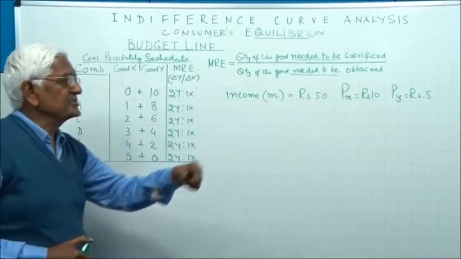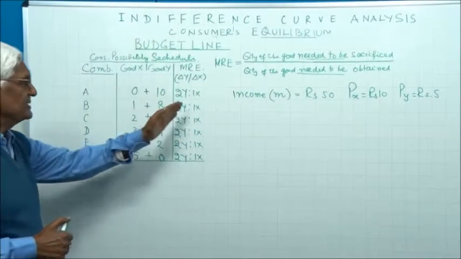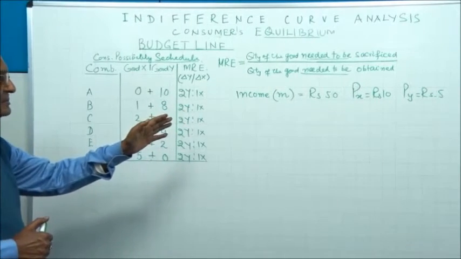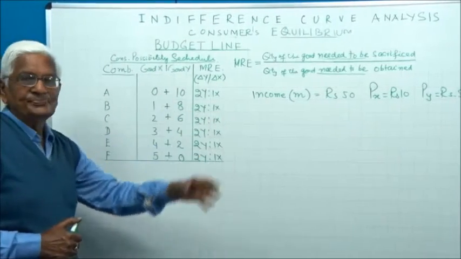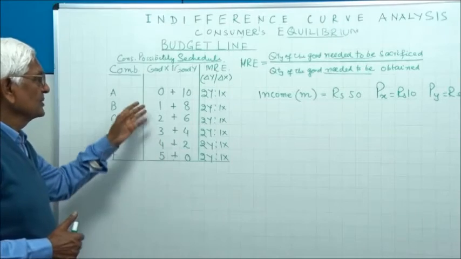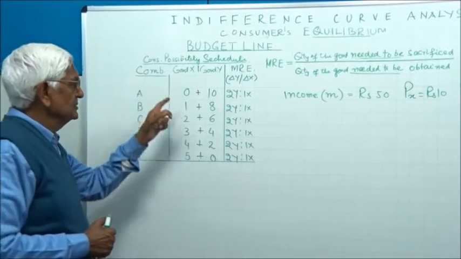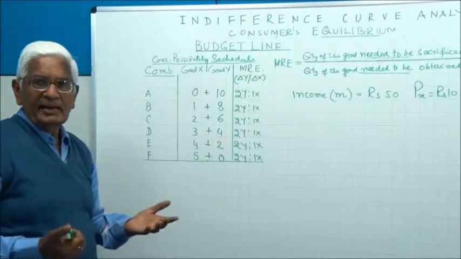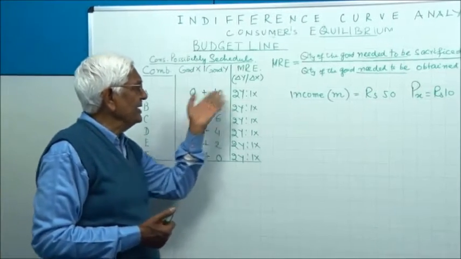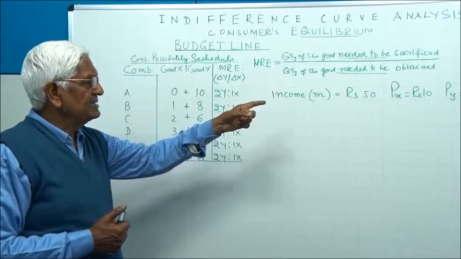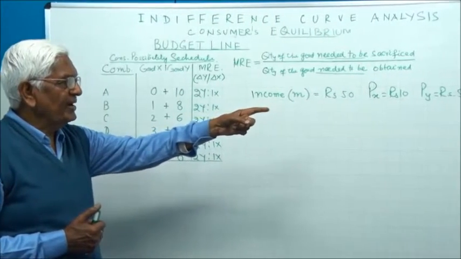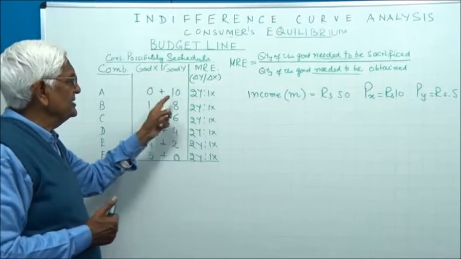On this basis, we have prepared this table. Take first row. The row says the consumer can afford 0 plus 10. Clear? If we spend all this money on Y, at the rate of 5 rupees, from 50 rupees he gets 10.